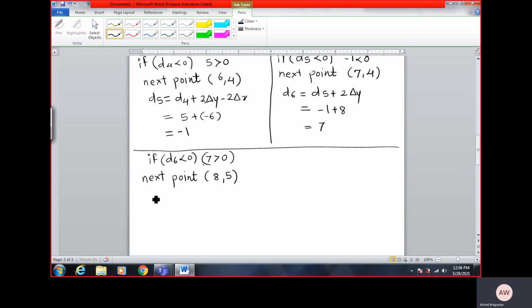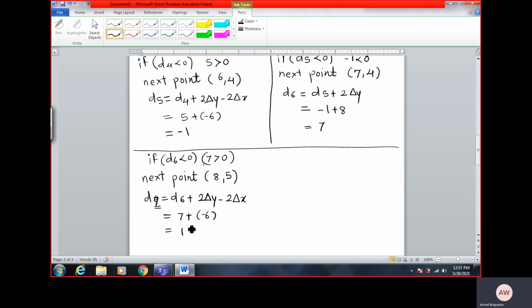Also, we'll update the value of d, so now it's d7. It will be previous d plus twice delta y minus twice delta x. So d6 is 7 plus twice delta y minus twice delta x, minus 6. So 7 minus 6 is 1.